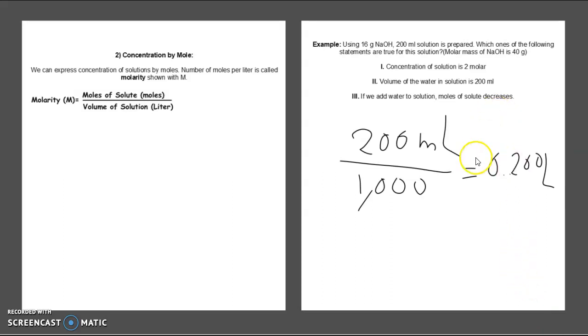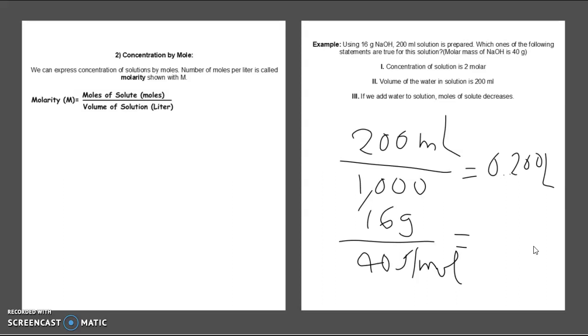Then, if the mass of sodium hydroxide is 16 grams, and you know that the molar mass of sodium hydroxide is 40 grams per mole, you can get the moles.